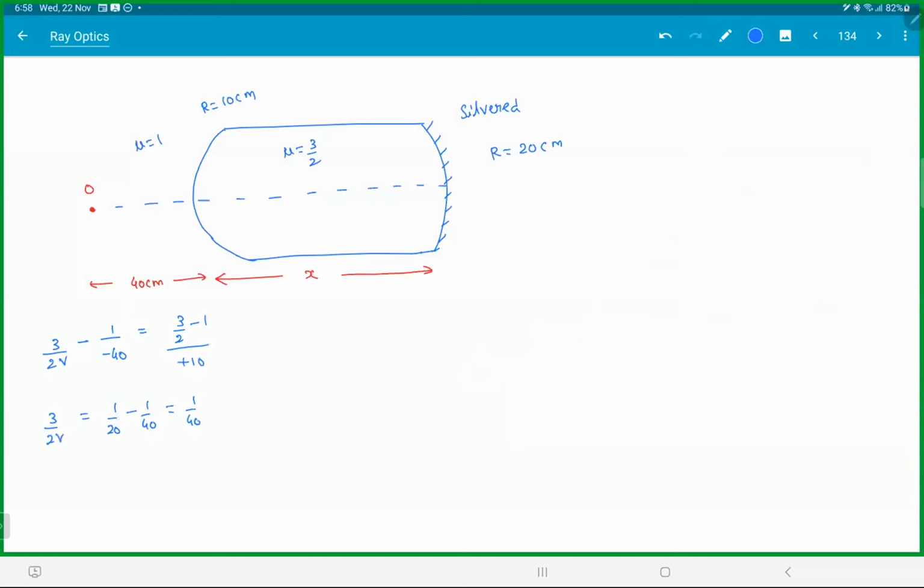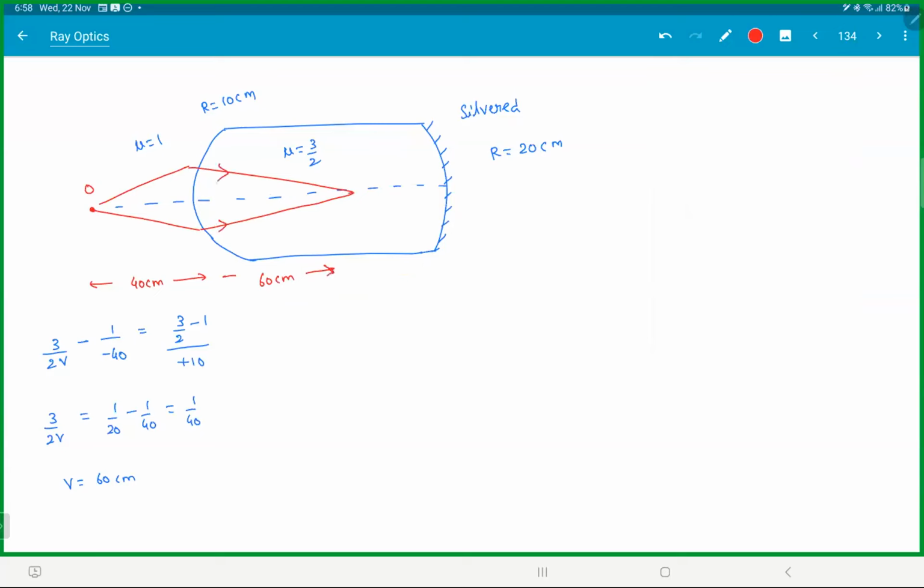So v is 60 centimeters. Got this? That means these light rays are hitting here, and the image is forming at 60 centimeters. This is clear.